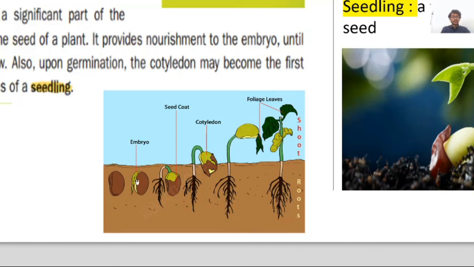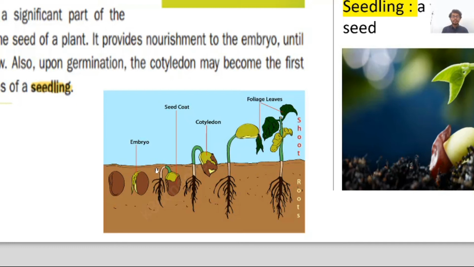But this embryo does not have any leaf, no roots. So where will the seed get its food to grow? That baby plant needs food, right?